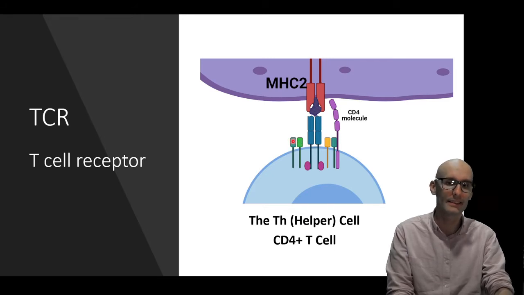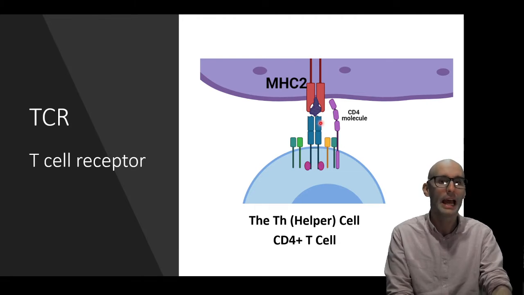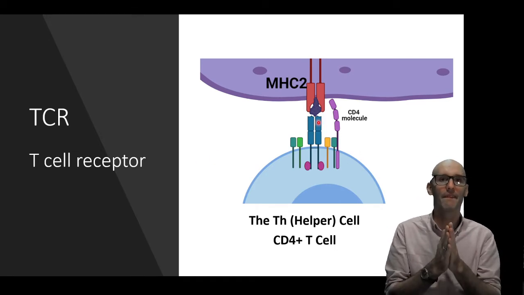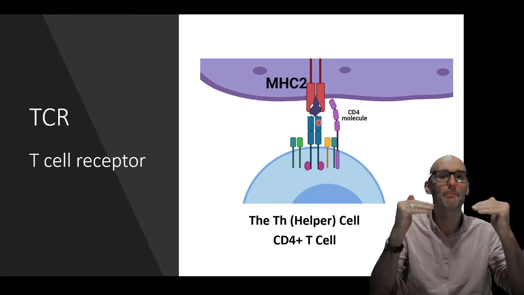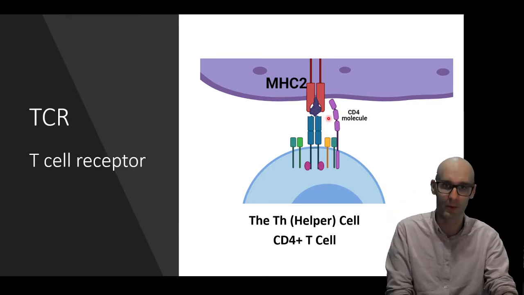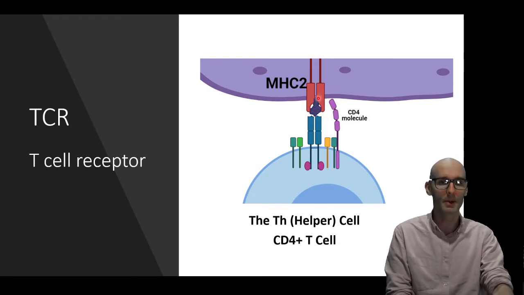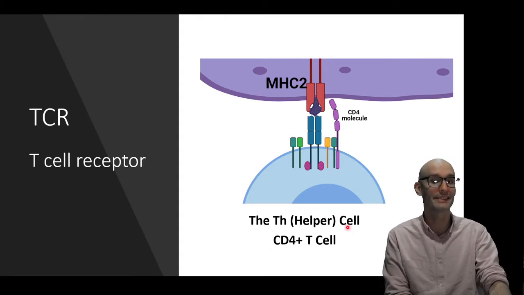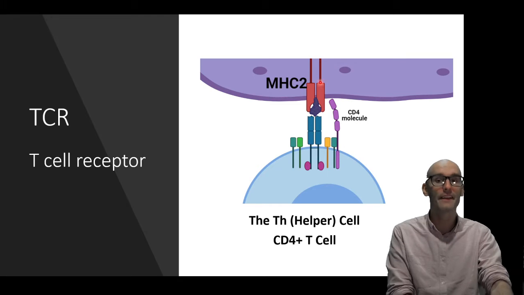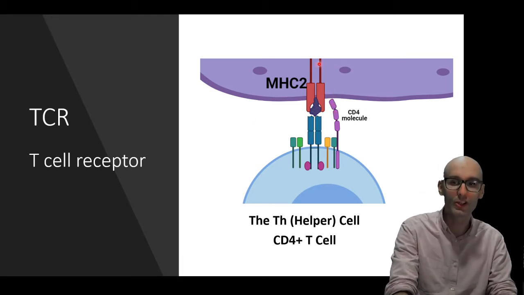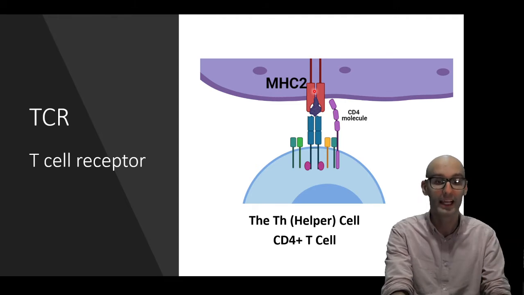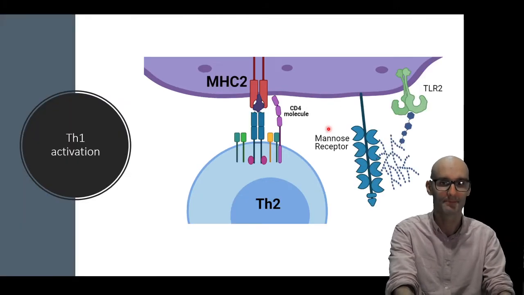This is the unique molecule with a unique binding domain that's specific to that T helper cell. And here we can see the CD4 molecule. Remember, the CD4 molecule recognizes that MHC2 molecule, and so that's how we know that that is a T helper cell, or a CD4 positive cell, bound to that MHC molecule. So the first thing we need to get a Th2 cell is that recognition right there.